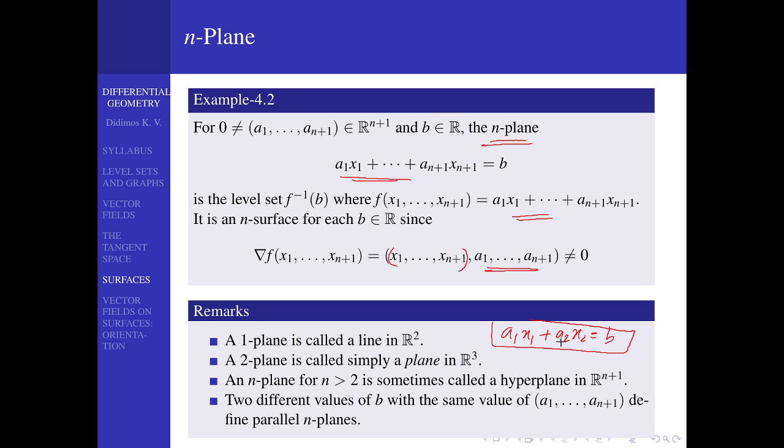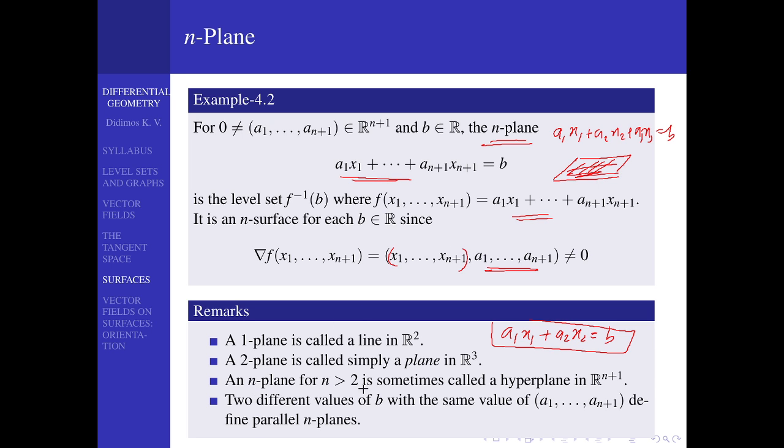This is an equation of a line in R2. So a one-plane is called a line, and a two-plane is a plane itself, that resides in R3. When n is equal to 2, this reduces to a1 x1 plus a2 x2 plus a3 x3 equal to b. This will give a plane in R3.